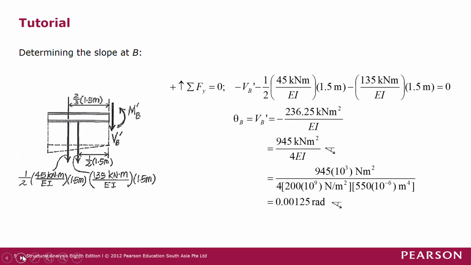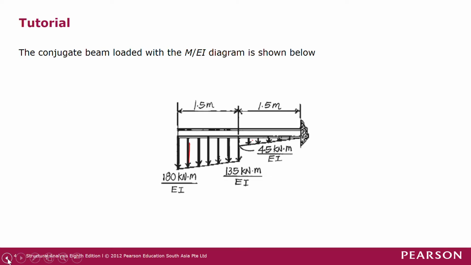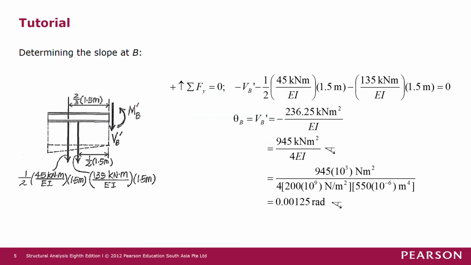First of all, we determine the slope at B. For the slope at B, we calculate the shear at B. If we cut across this section and isolate this as a free body diagram, we'll get this diagram.